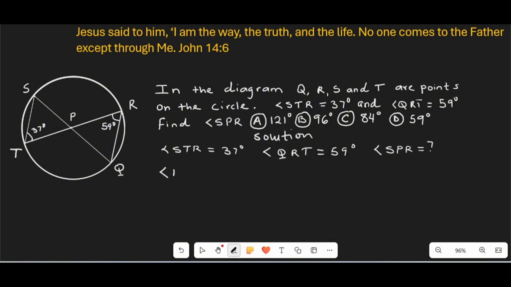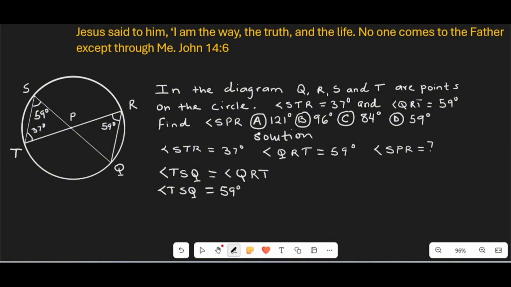So angle TSQ is equal to angle QRT, which is 59 degrees. So we can say this angle is 59 degrees.